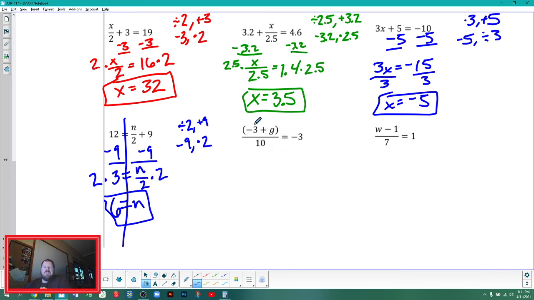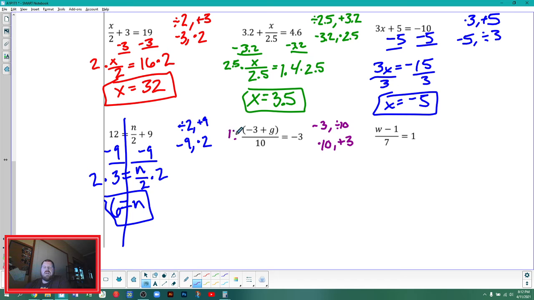So if I knew what g was, I would add it to negative 3. Another way to think of that is I would subtract 3 from g, and then I would divide by 10. Okay, now I want to undo those in the reverse order. I'm going to multiply by 10, and then I'll undo that subtracting 3 by adding 3.